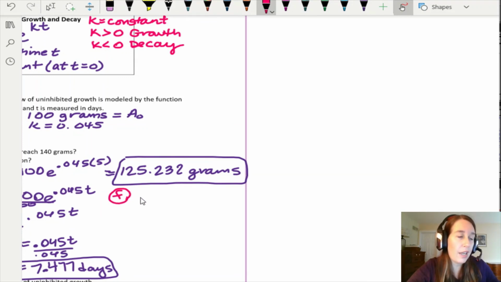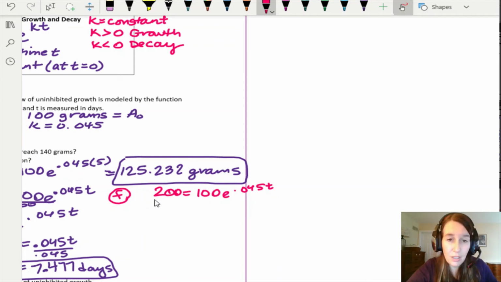We are saying if our equation was the amount at time t is equal to 100 e to the 0.045t, then if we want to know the doubling time, that means we want to know when A of t is equal to 200, right? Because it was 100, so we need to double it.